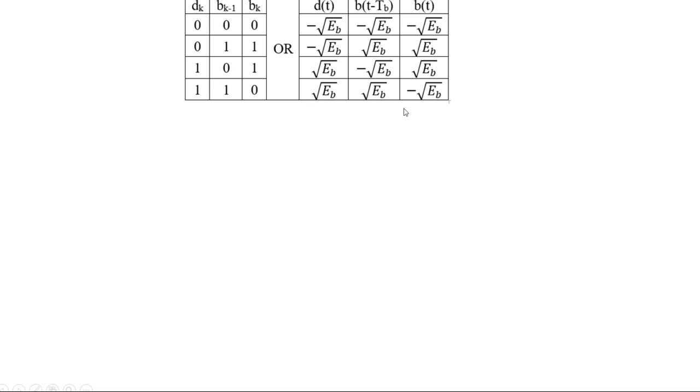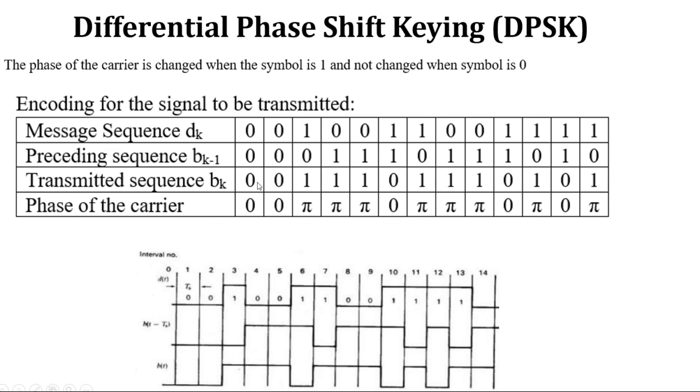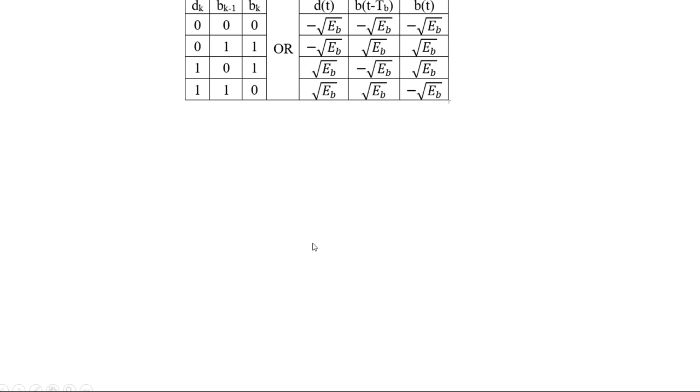When the two values have the same polarity, the polarity of the resulting sequence is negative, and when there is a difference in polarity of the inputs of the XOR gate, the polarity is positive. So we assumed that for bit 0 the phase is 0 and for bit 1 the phase is pi, and accordingly we have the table.